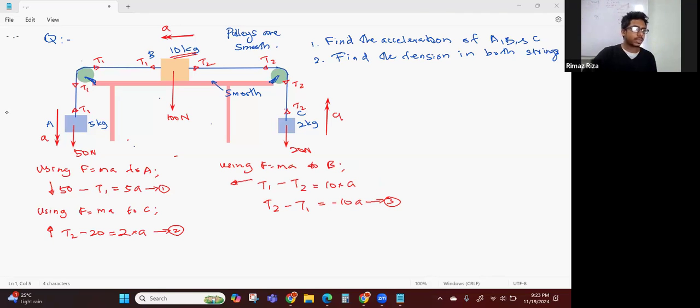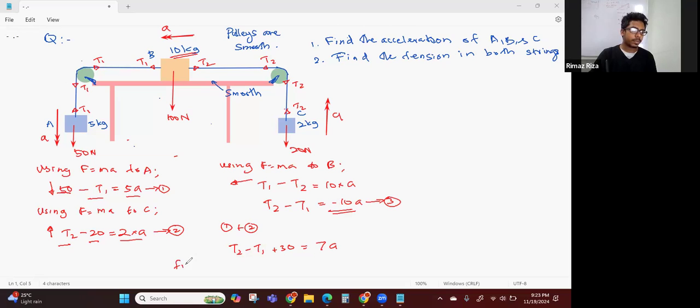Then I add equation 1 and 2. On the left hand side I have T2 minus T1, and 50 minus 20 is plus 30. On the right hand side, 5a plus 2a is equal to 7a.